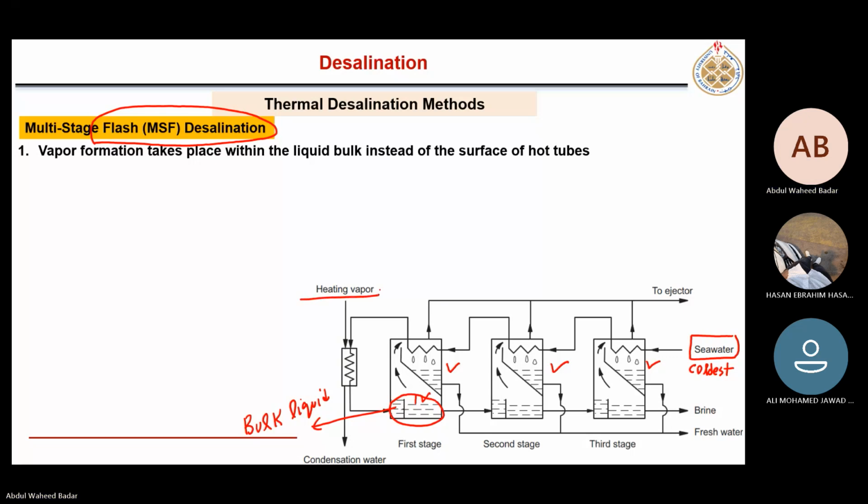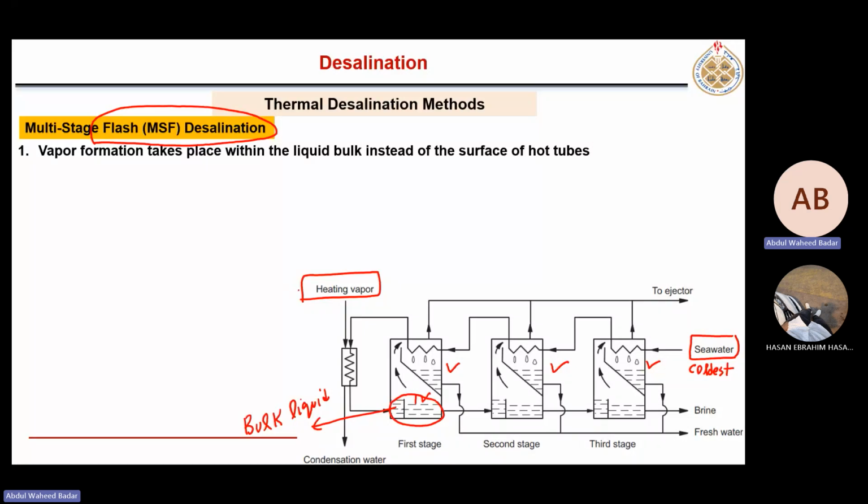Because here the heat is supplied at the highest temperature from whatever the heating source is, a boiler, or if it is a cogeneration plant, or the exhaust gases of any power plant.